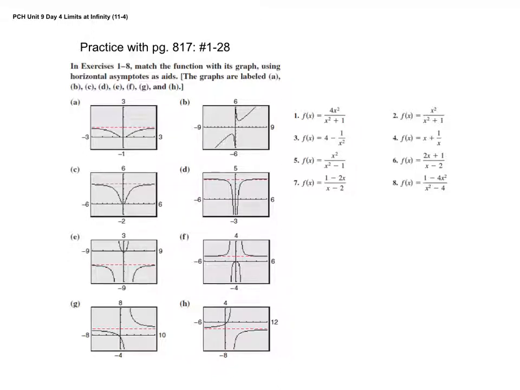Look at the end behavior of your graphs here, and while you're matching the graph with the equation, go ahead and write down what the limit as x approaches infinity of f of x would be. By the time you match the equation with the graph, it should be pretty obvious what that limit is.